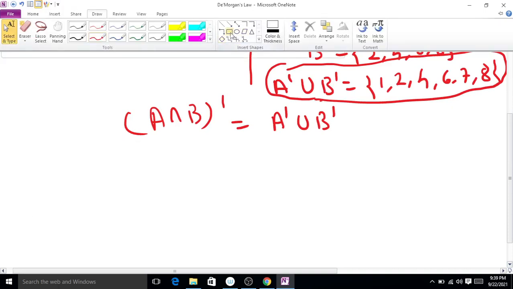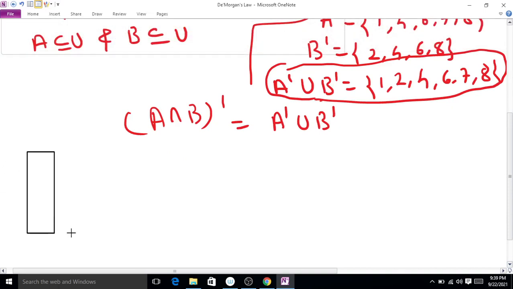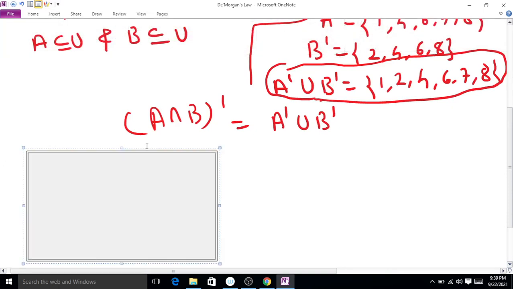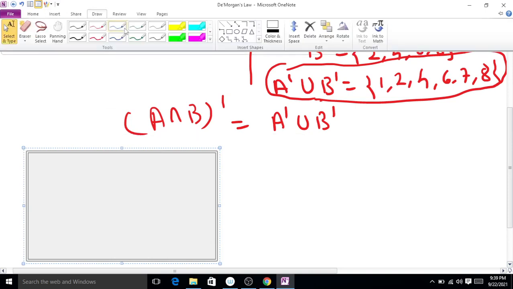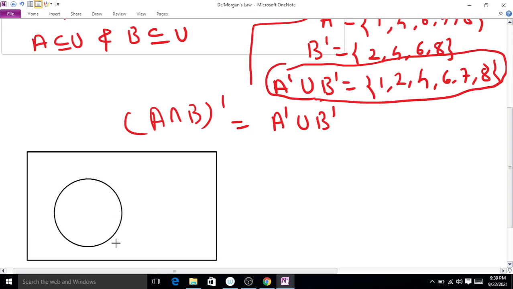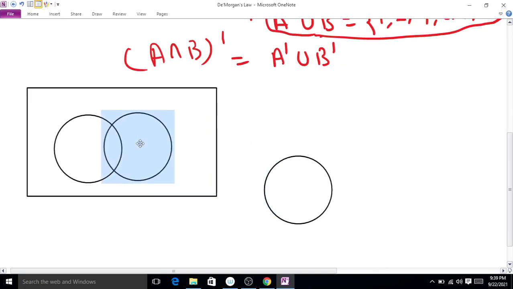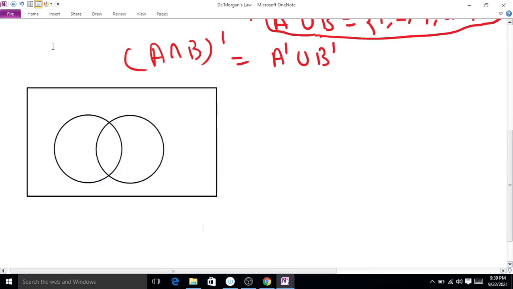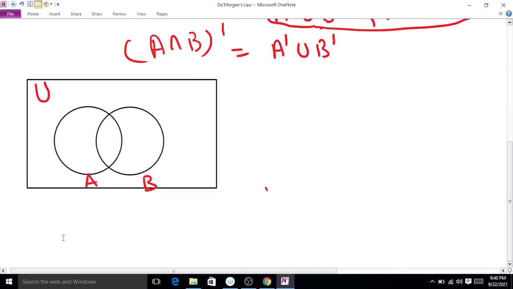So consider set U and consider set A. So suppose this is set A, set B, set U. Now first we want to determine the LHS, (A intersection B) complement.